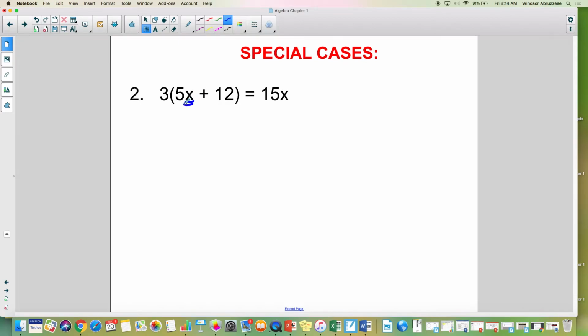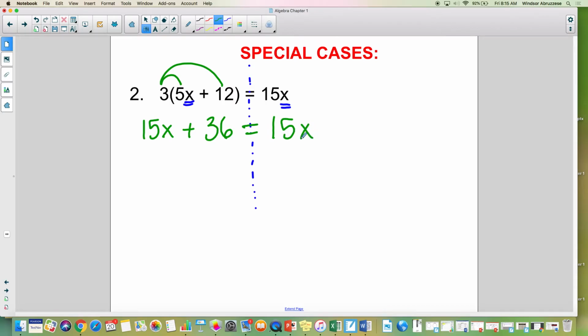Again, I have variables on the left and variables on the right. So first, we're going to eliminate the parentheses by distributing. I'm going to distribute 3 times 5x and 3 times 12. 3 times 5x is 15x, plus 3 times 12 is 36, and that equals 15x.